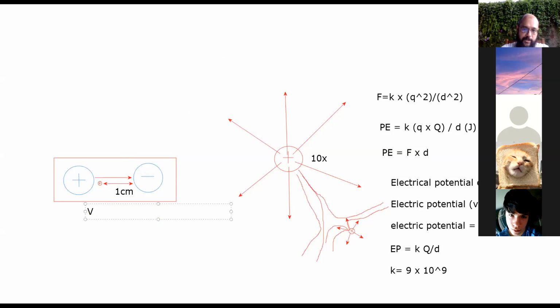Let's say the electrical potential of this system is 1,000 volts. I won't say V, I'll say electrical potential. My question: how much charge is on that positive particle?